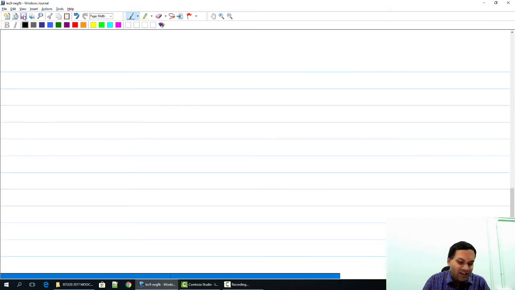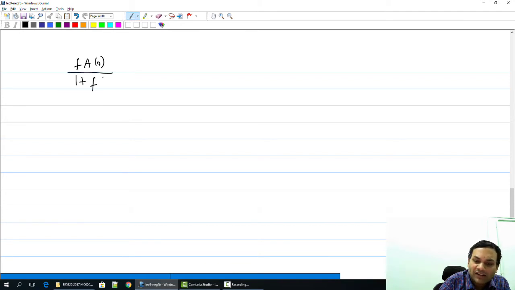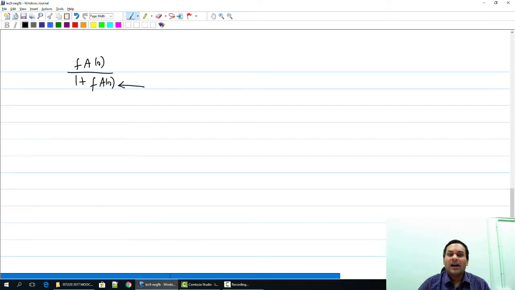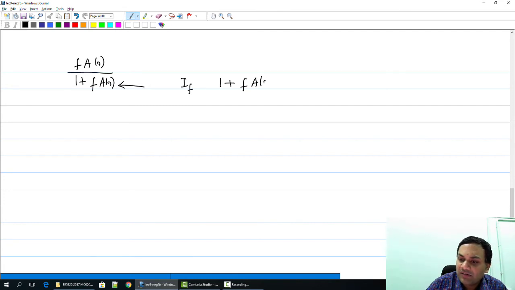Now we are specifically going to look at the denominator of this expression, F times A of S by 1 plus F times A of S. If you look at the denominator, there will be frequencies where it is possible for 1 plus F times A of S to become equal to 0, because now A of S is a function of frequency.